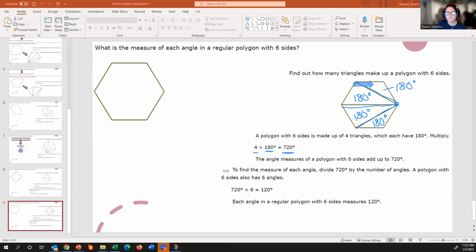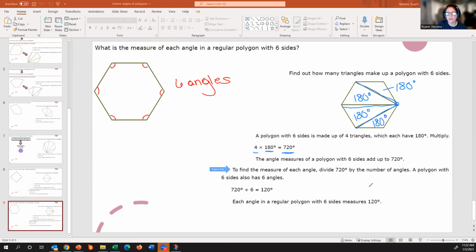And then again, this part is very important down here. To find the measure of each angle, we're going to divide 720 by the number of angles. So I'm going to go back to the original one. And I've got 1 angle here, 2, 3, 4, 5, and then 6. So I have 6 angles total. So 6 sides, 6 angles.